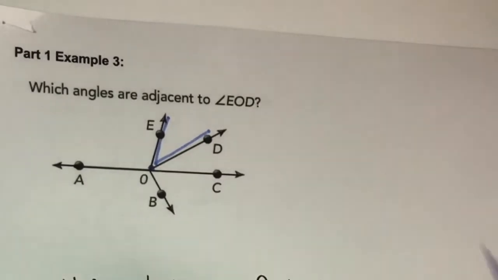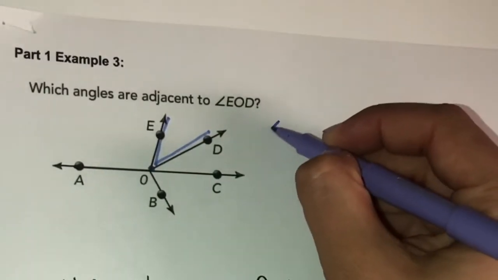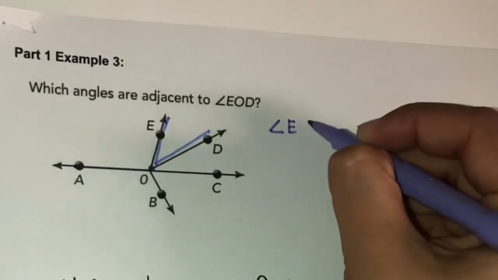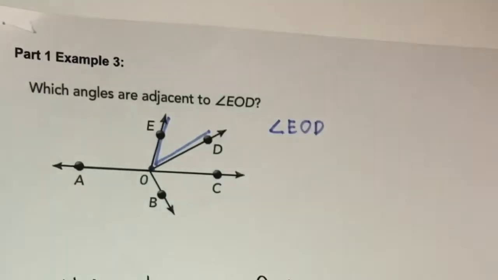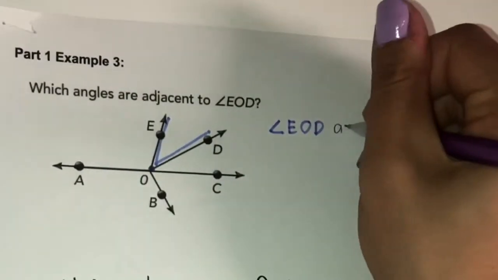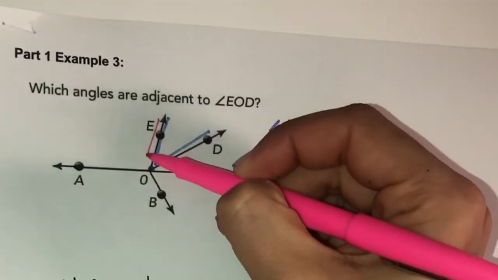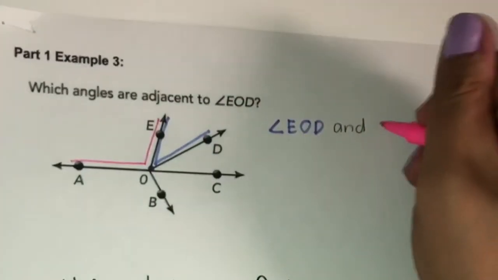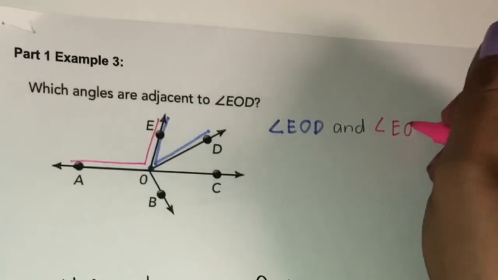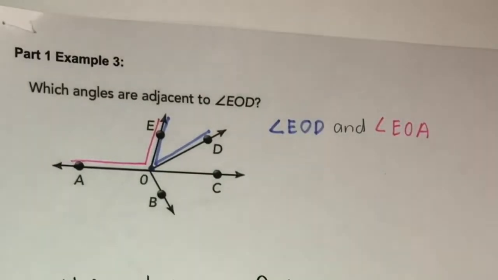So if we write our answers, I'm going to use colors to help me out. Angle EOD and, starting with this side, angle EOA are adjacent to each other.